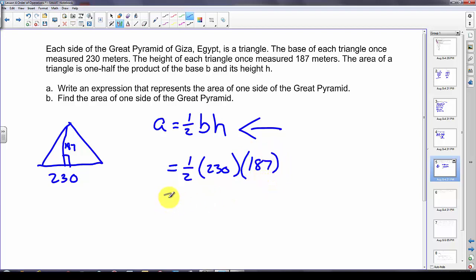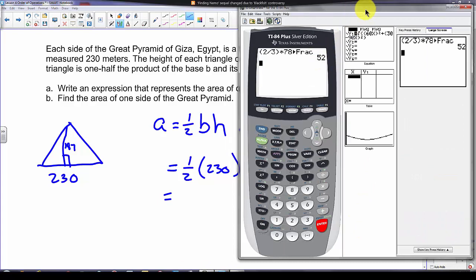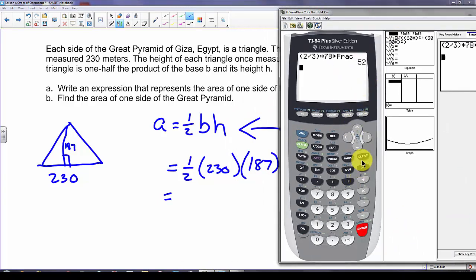Now again, let's use our calculator to get this done. We'll go back and I'm going to multiply 1/2 times 230 times 187.